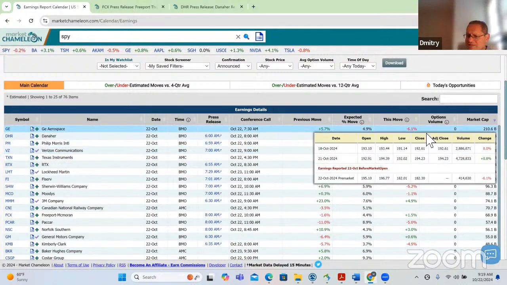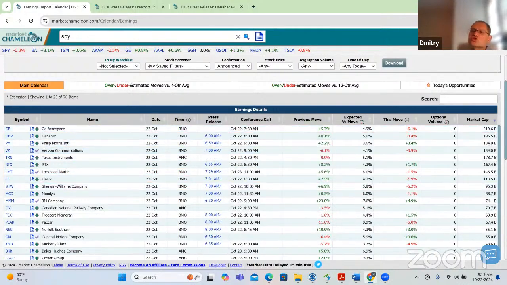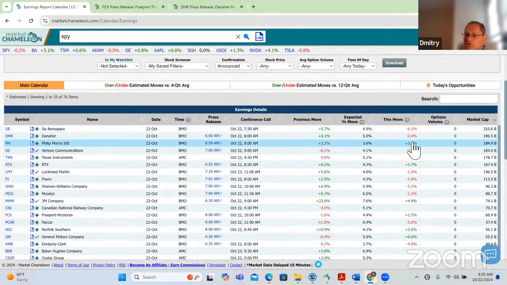And once this number here, this move, this will track that stock throughout the day. So once earnings comes out, it starts tracking the stock's price relative to the previous close before earnings. That's what it's tracking. So these numbers could change. This is just where it's currently, right?